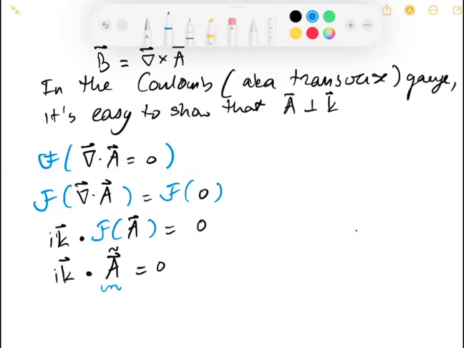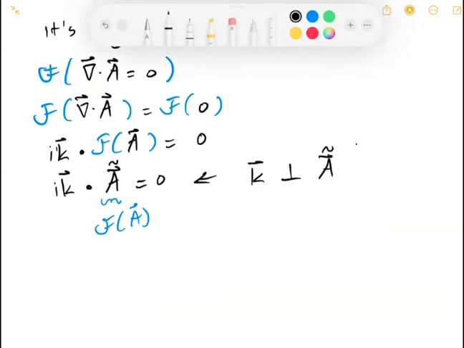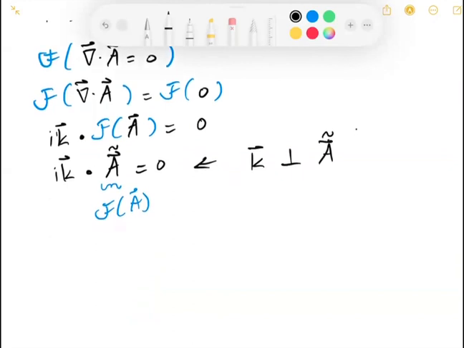So this is the Fourier transform of A. Okay, and now we already have it. Because that dot product of k and A is 0, k is perpendicular to A. Because it's perpendicular to the Fourier transform, it's also perpendicular to the real thing.